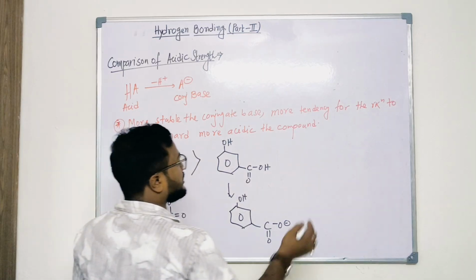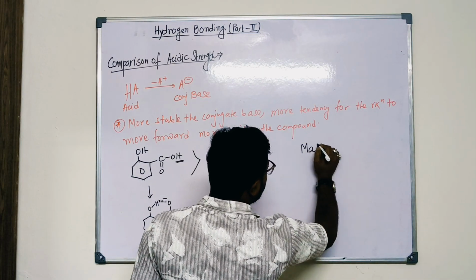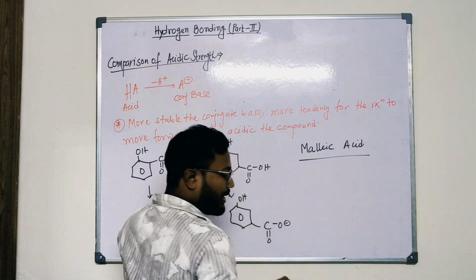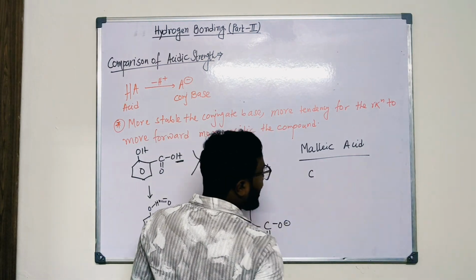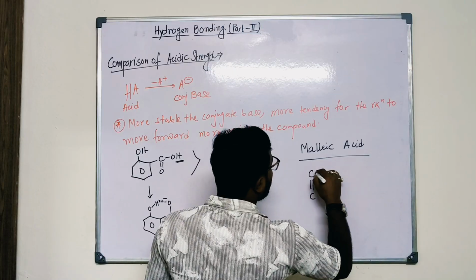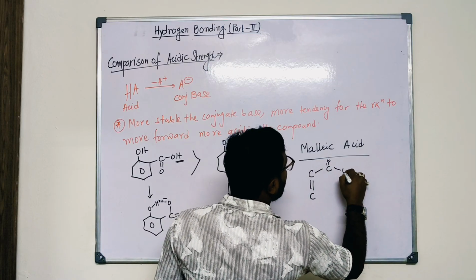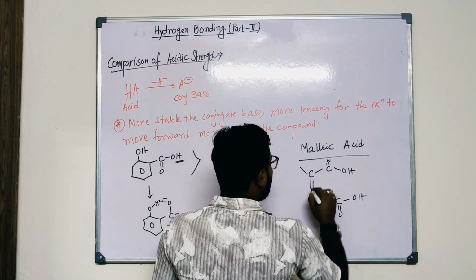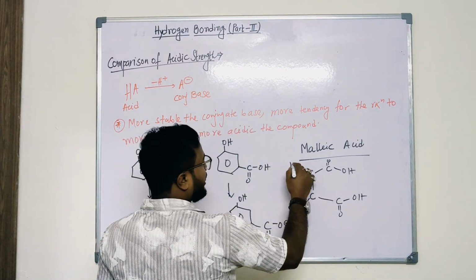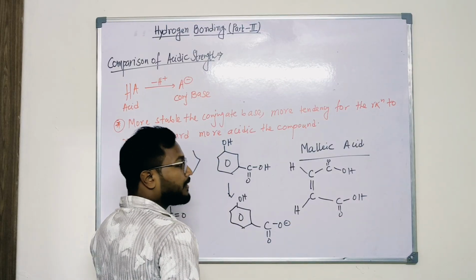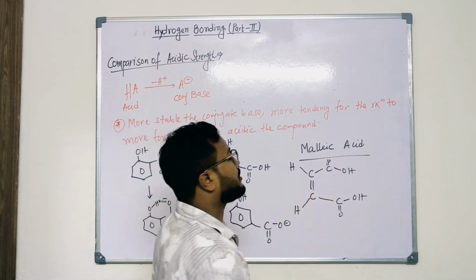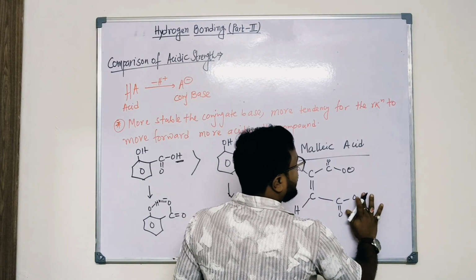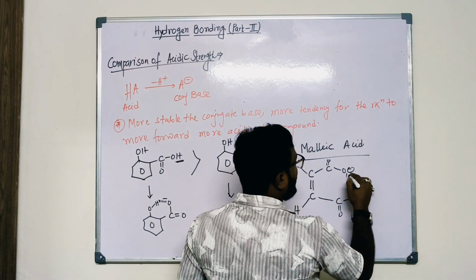Another example you can take is maleic acid and fumaric acid. For maleic acid, the COOH groups are connected on the same side of the double bond. So COOH and COOH, this is our maleic acid, and on the other side hydrogens are connected. Whenever H plus is removed from the molecule, it becomes O minus. As a result, hydrogen bonding is observed.